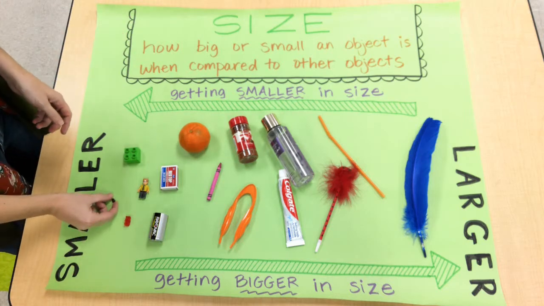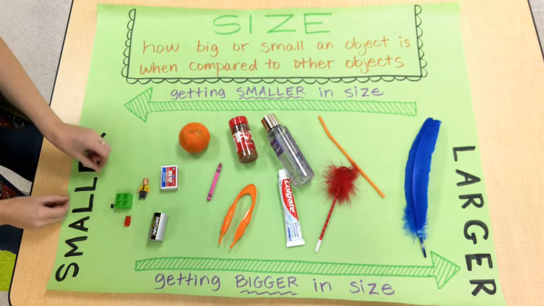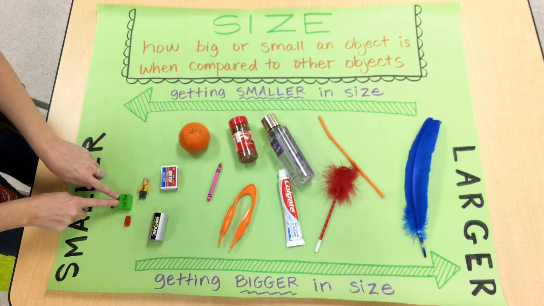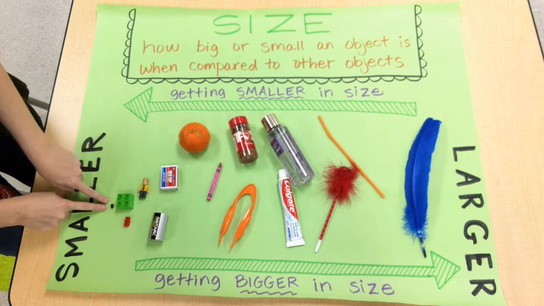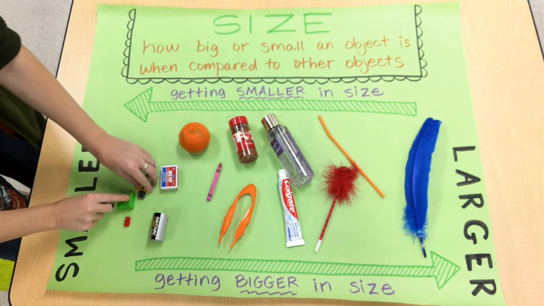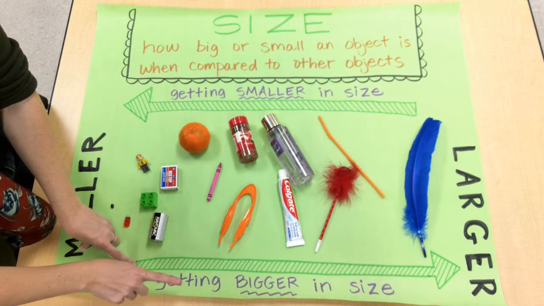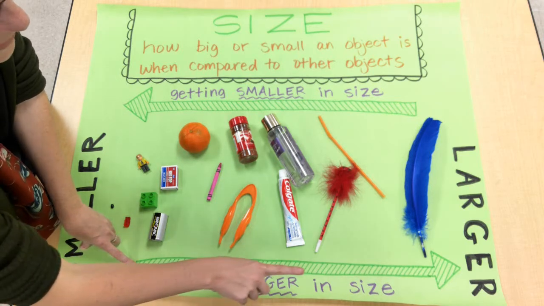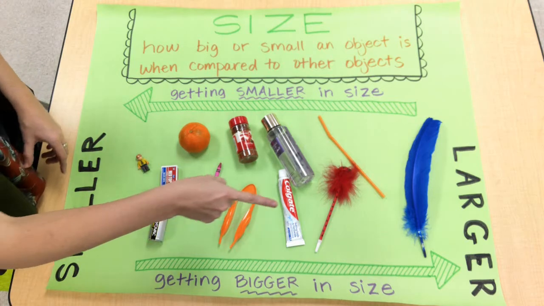Right over here, I have this little black bean. Now if I put that up next to my Lego, I know that my Lego is larger or bigger than my black bean. So I'm actually going to move this over here, because if you look at my arrows, as our line of items goes this way, we're going to get bigger and bigger and bigger and larger.